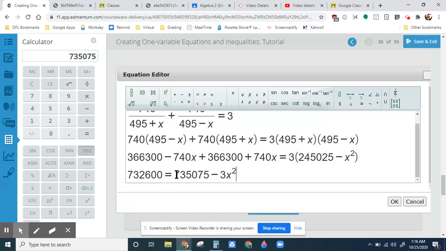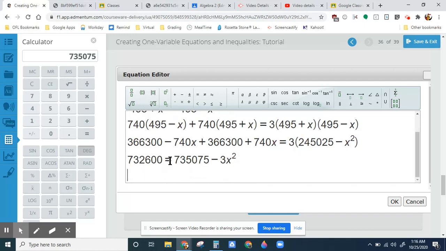All right, we're going to do that. Then we're going to subtract this from both sides. So we're going to take 732,600 minus 735,075.